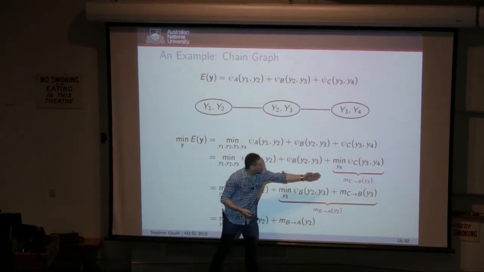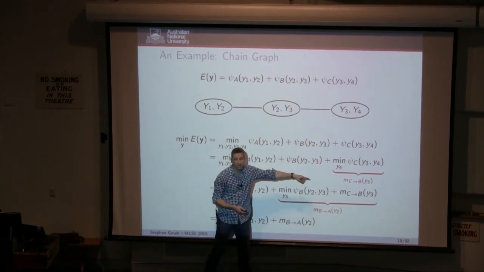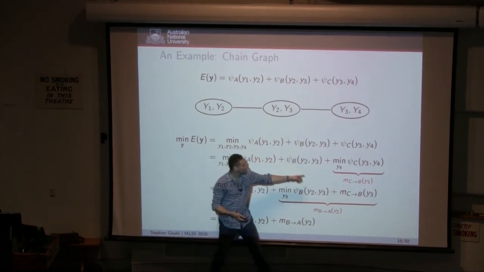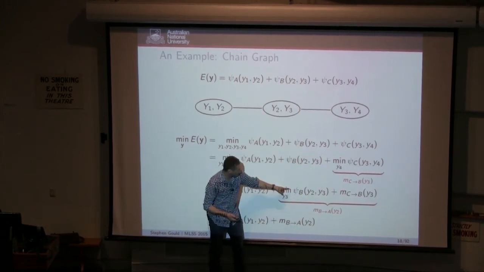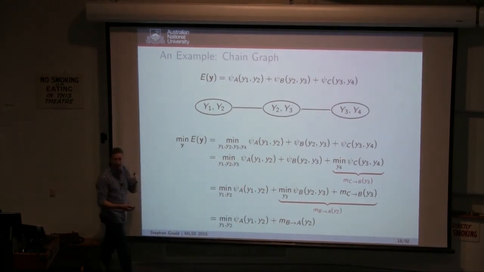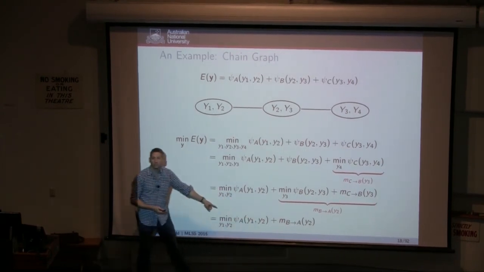Okay? I'm going to keep doing this backwards through the chain. So the value that y3 takes is going to depend on the value that y2 takes, right? But it doesn't depend on it at this point. It depends on it at this next step in the chain. So I keep going backwards through the chain, and eventually I get a function that's only defined over y1 and y2.